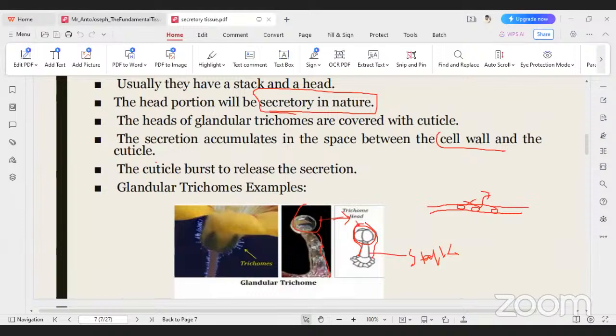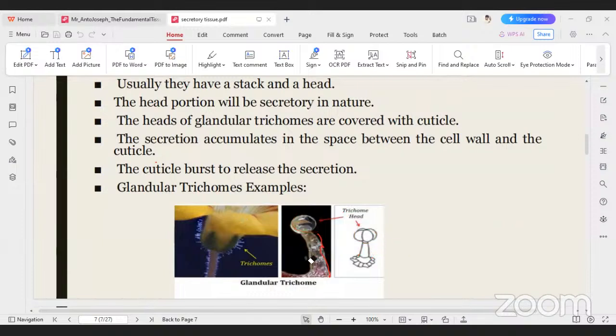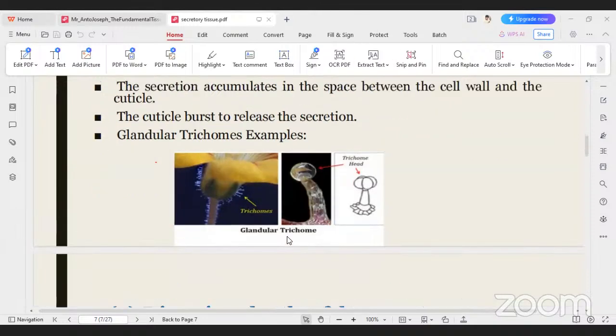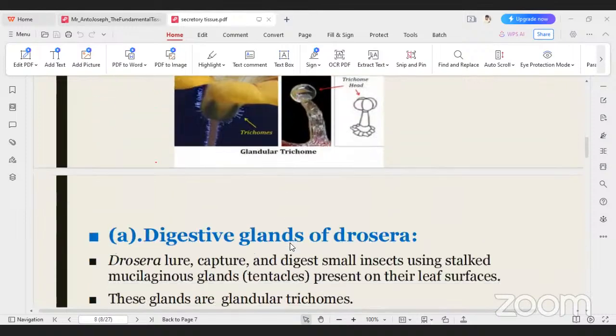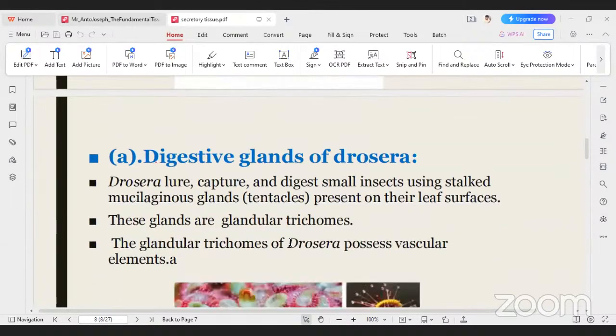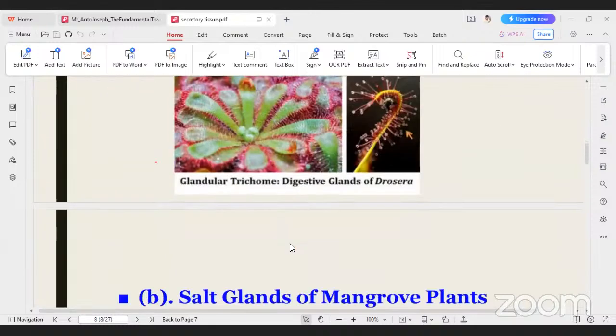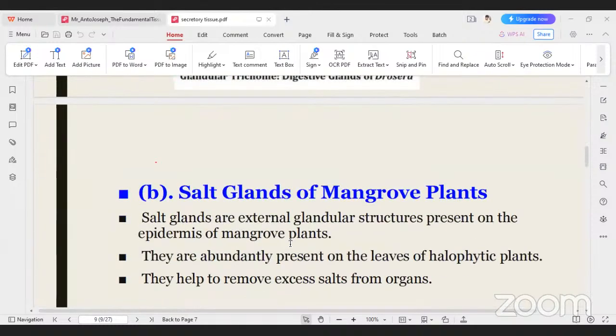You must have seen examples of these glandular trichomes in our daily life. The best examples are digestive glands in Drosera and salt glands of mangrove plants.